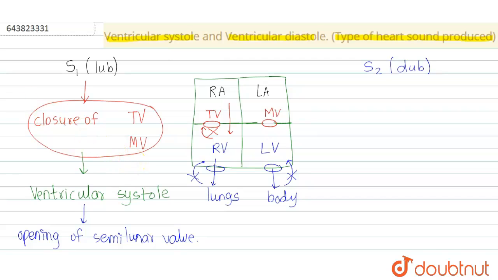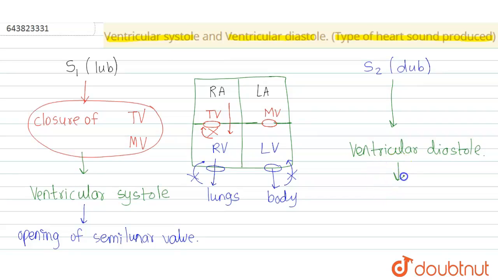But whenever there is a ventricular diastole, my ventricles are relaxing. When ventricles are relaxing, blood starts filling the ventricles, so the semilunar valves have to close now.